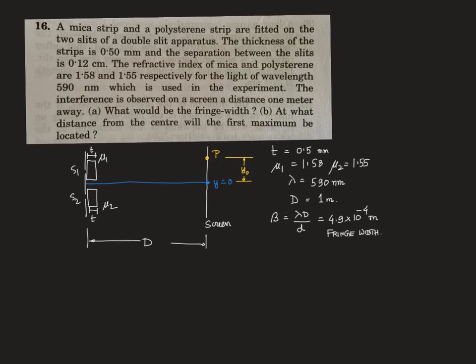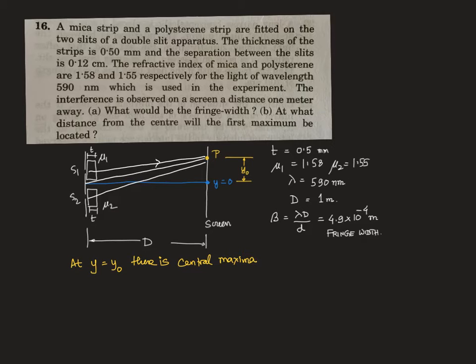So at y equal to y naught, there is central maxima. And as you know, at the central maxima the optical path difference is 0. So S1P, S2P, like that.